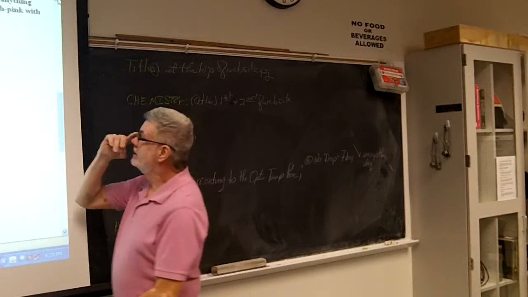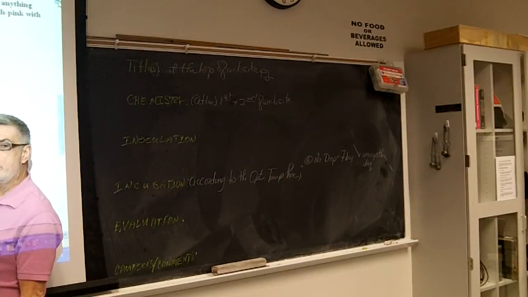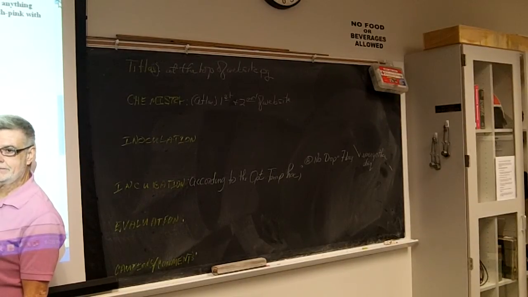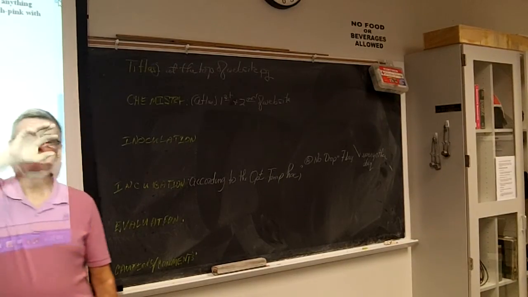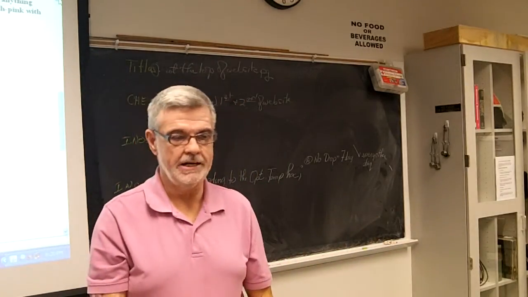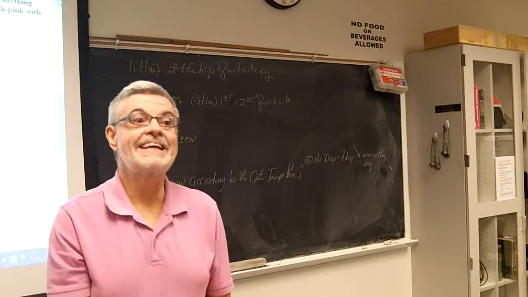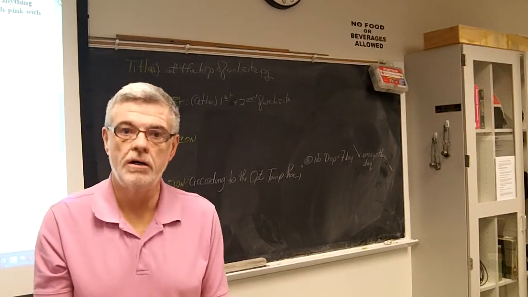All right? So, there is an option on this test for pinkish white with gas. Why? Some bacteria don't ferment the carbohydrate to an acid. They ferment it to gas and alcohol.